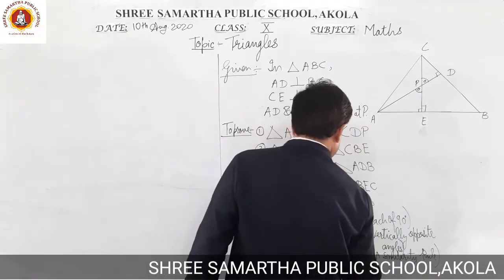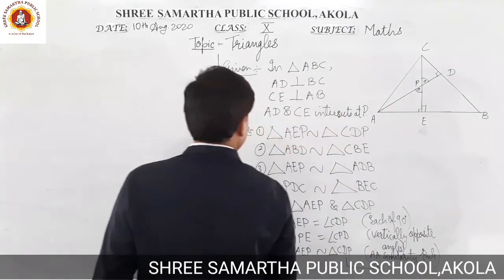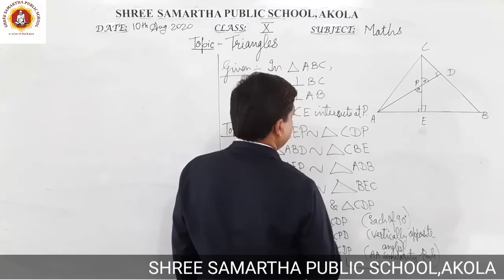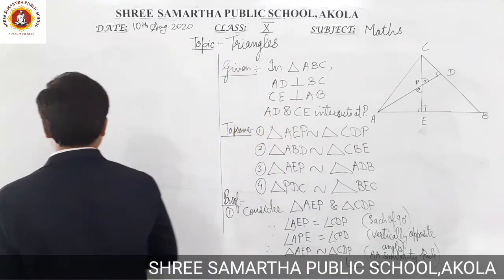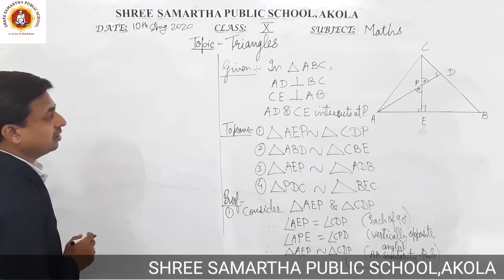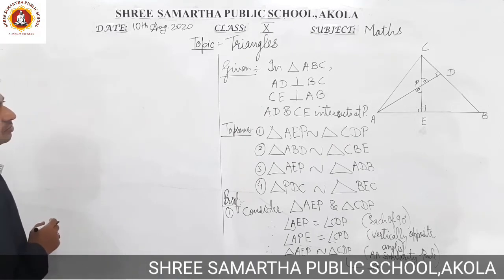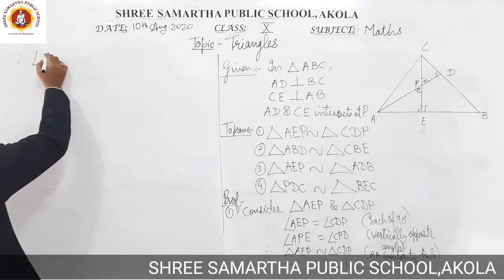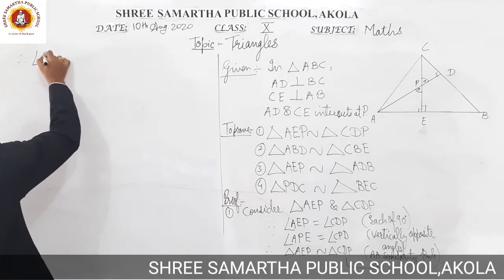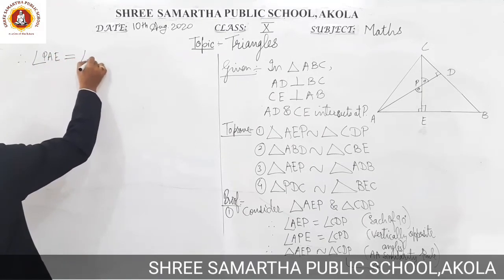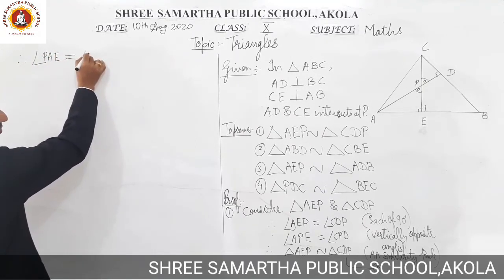Label this as equation 1. Now, if two angles are equal, then the third angle must be equal. Therefore angle PAE is equal to angle PCD.